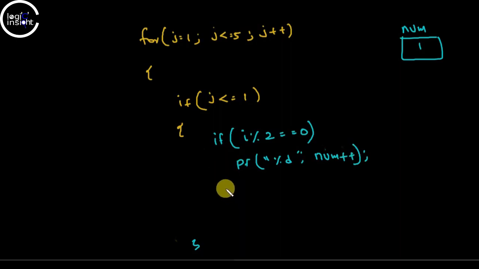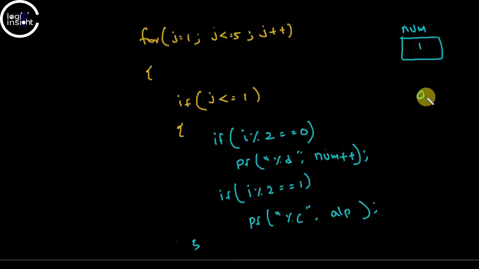Another condition: if the row is an odd number, then I have to print the character, which means A B C. Suppose in alpha I have stored capital A. After printing A, I want to print B, and in order to print B, I'll use plus plus.